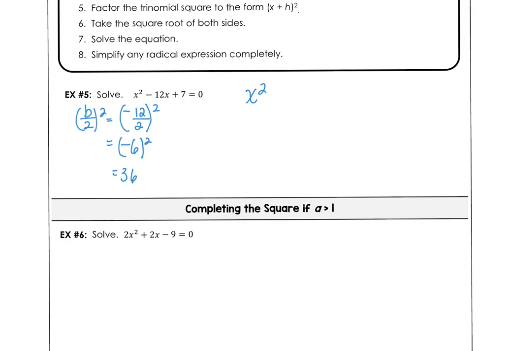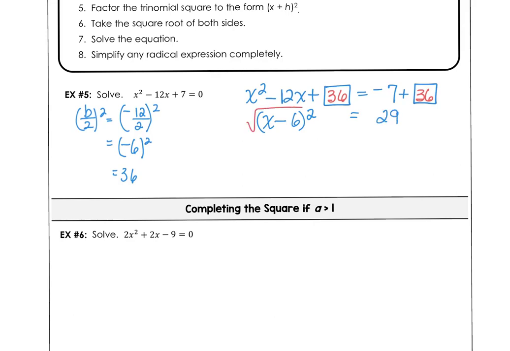So x squared minus 12x plus, I'm going to make a box here, and subtract the 7, and think about it this way. Whatever I do to the left, if I add 36 to the left, I have to add 36 to the right. So this perfect square trinomial now factors as x minus 6 quantity squared, and 36 minus 7 is 29.